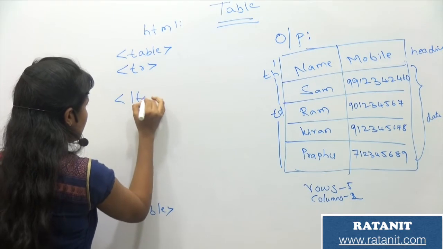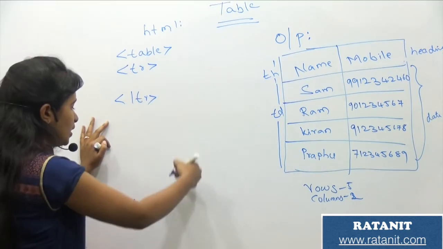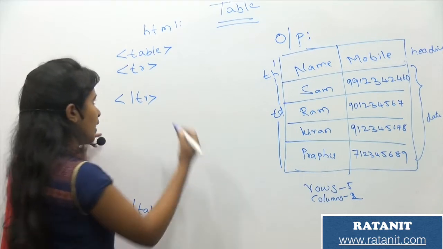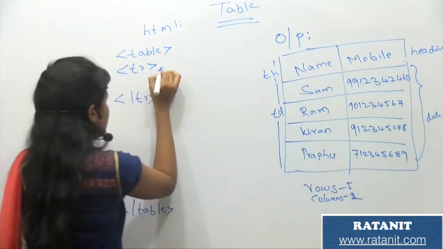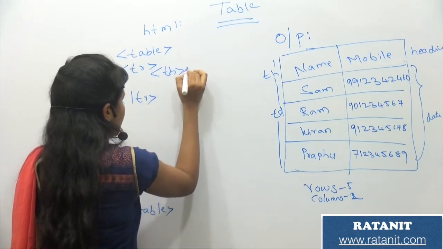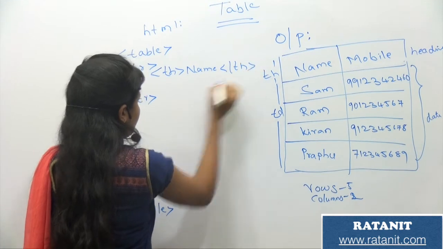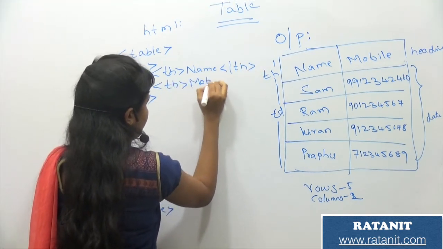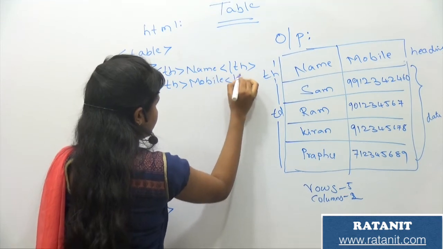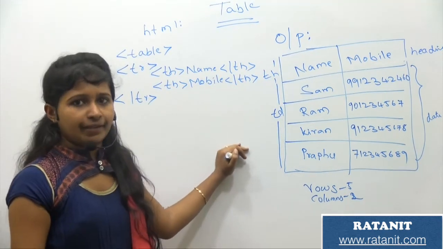In the first row I need to open and close; every tag in the table will contain an open tag and a close tag. In the first TR I have two headings, that is name and mobile. So add two headings, name and mobile. These are my two headings.